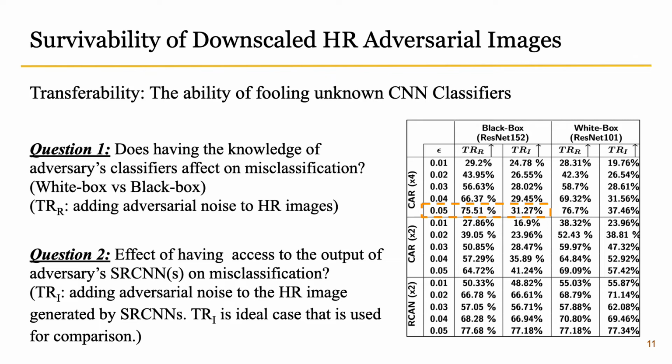Therefore, having access to the output of SRCNN doesn't help here. For example, for car X4 and an epsilon of 25% for black box scenarios, the transferability is around 75%, while adding the adversarial noise directly to the output of SRCNNs decreases the transferability to 31%.